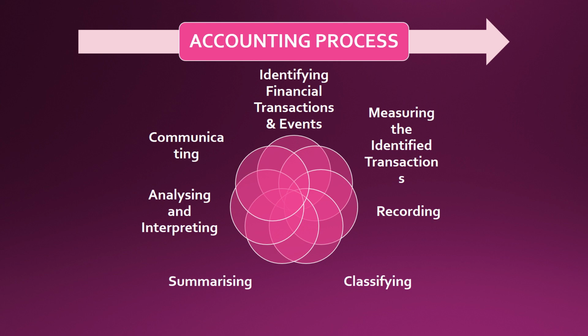So the first step of the accounting process is identifying financial transactions and events. I hope this is clear to all of you, as we have already discussed it twice in the last class.